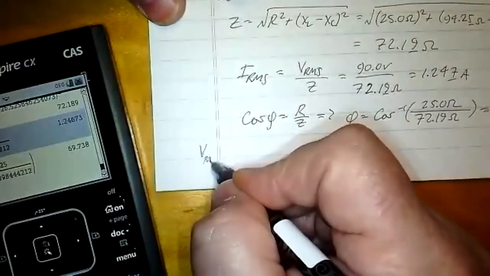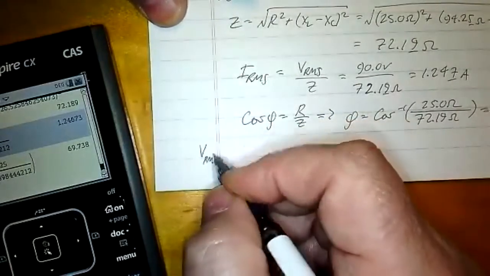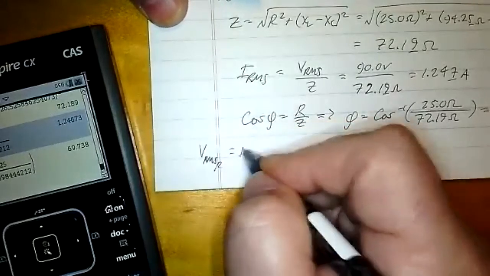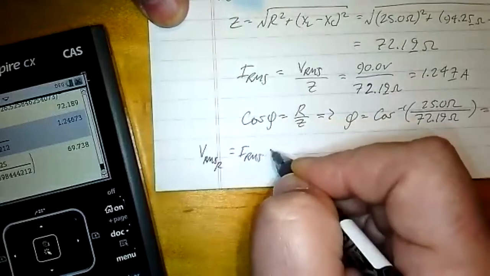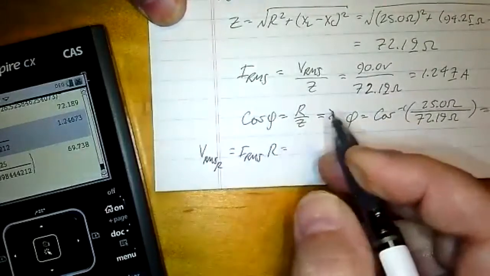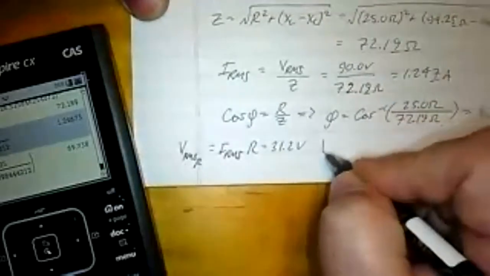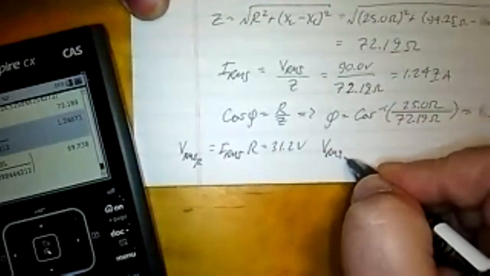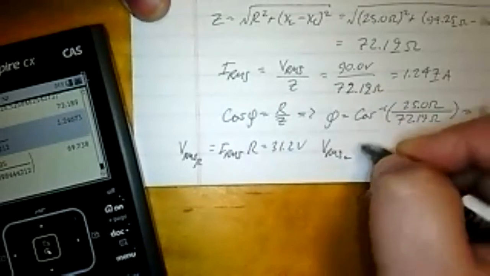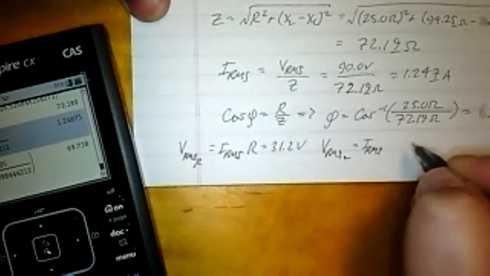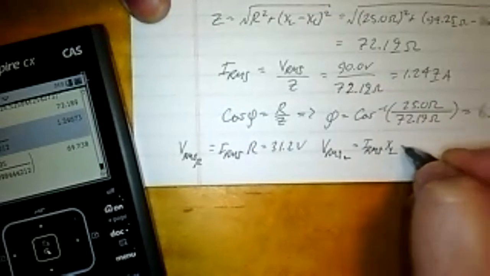If I wanted to know the root mean square voltage across the resistor, I could then say VRMS for the resistor would equal IRMS times R. You can do this yourself to make sure, but it's basically 31.2 volts. VRMS across the inductor is IRMS times XL.